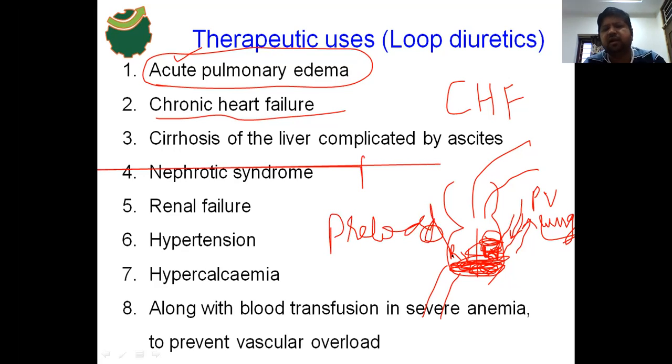Preload is nothing but the volume of blood that is accumulated in the ventricles at the end of diastole. If preload is more, heart size will increase. When heart size increases, automatically there is a pressure generated on the myocardial cells. Myocardial cells will stretch.